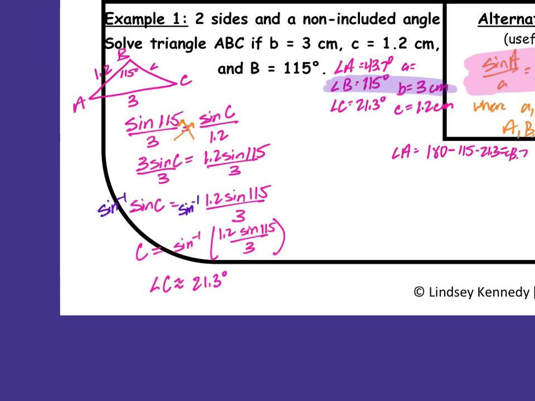Now I need to find side A, so I'm going to use my law of sines again, and I'm still going to use my B's because I know both of those. So sine of 115 over 3 is going to equal sine of 43.7 over A. This is what we already got done doing on the last 2 problems, finding a side. We should be able to do that one.